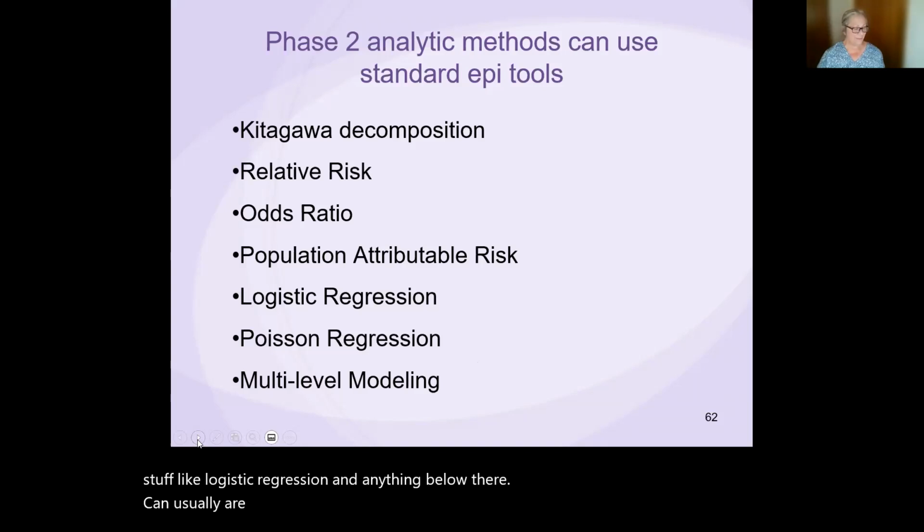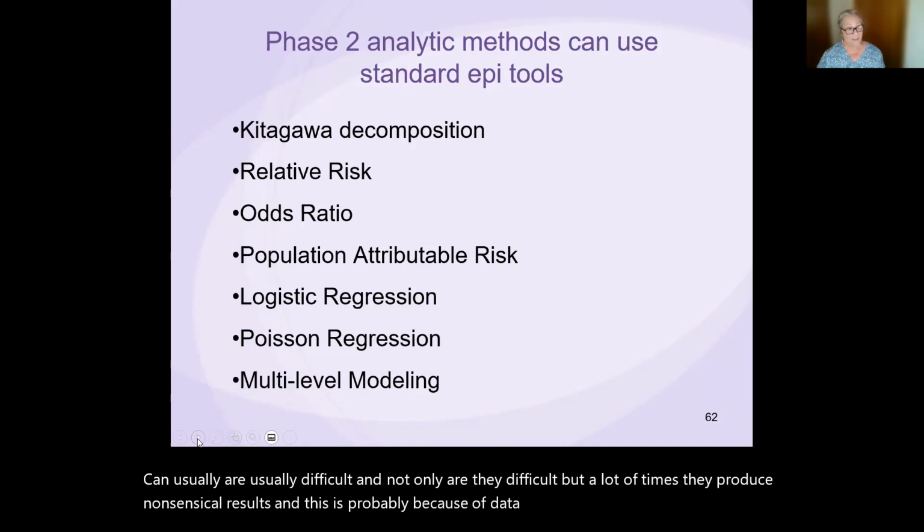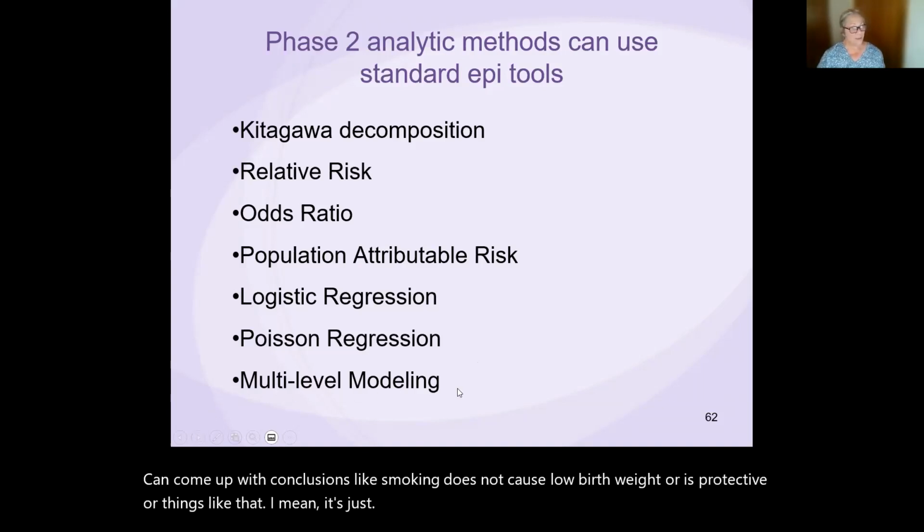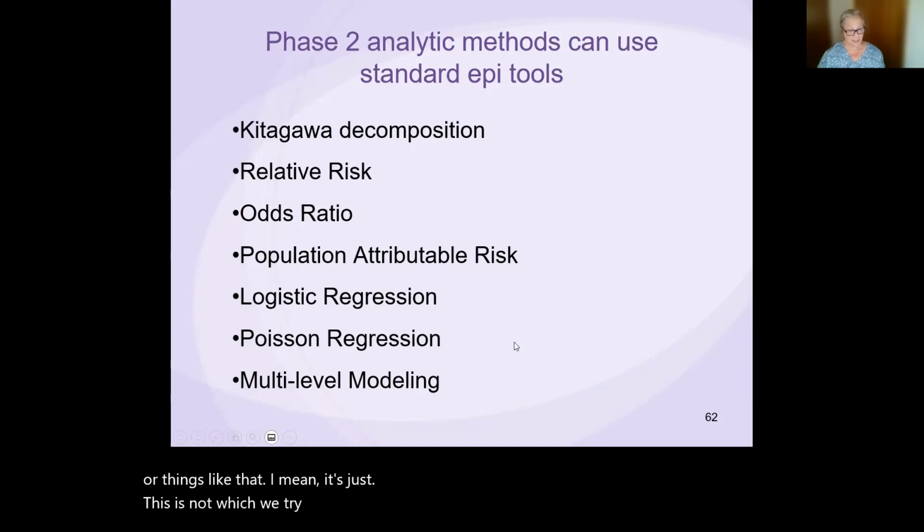And not only are they difficult, but a lot of times they produce nonsensical results, and this is probably because of data quality problems. I've seen them come up with conclusions like smoking does not cause low birth weight, or it's protective, or things like that. I mean, this is not what we try first anyway. You don't just come in and do logistic regression and have all the answers.